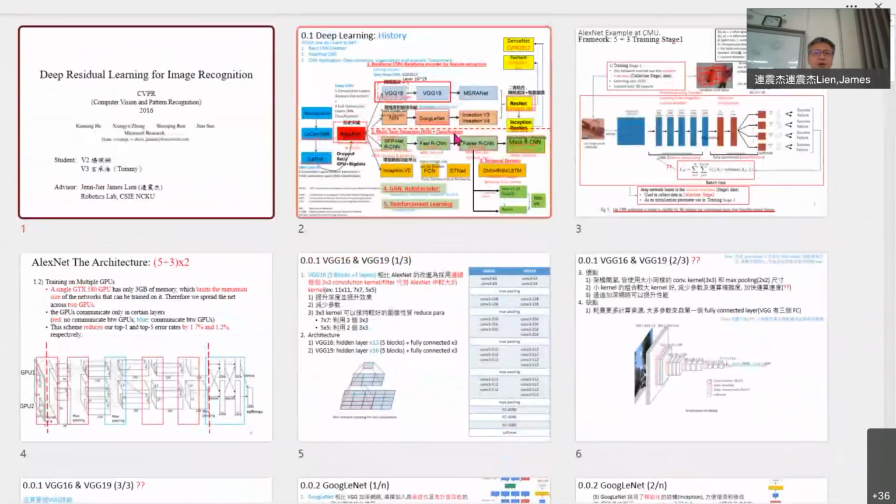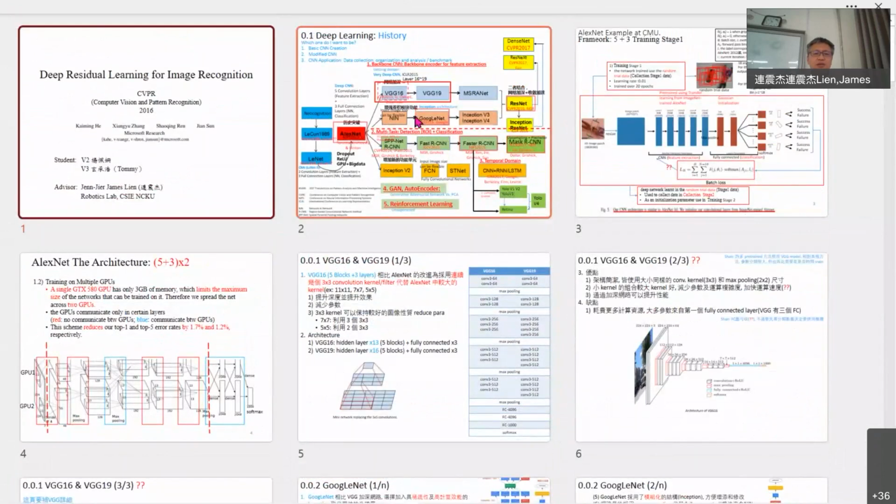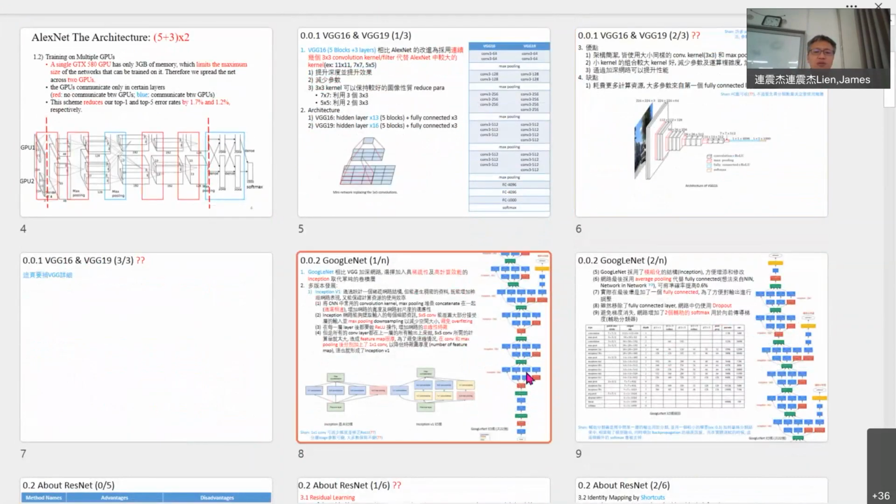But in this lecture, I will mention GoogleNet. Okay, so we just finished AlexNet. Oh, sorry, we finished VGG. And here we talk about ResNet. But before ResNet, because ResNet combines information about VGG and GoogleNet, in this lecture I also mention GoogleNet here.